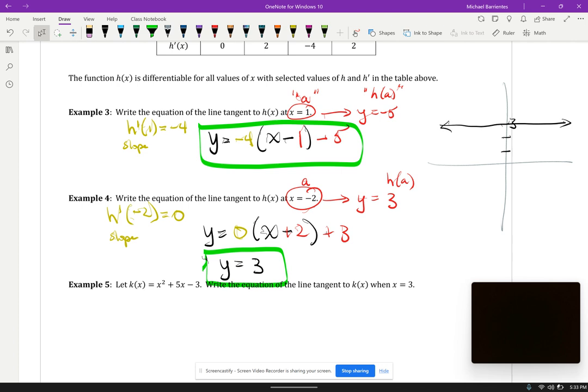So if this is the tangent line, that must mean, and this happens at -2, that my graph is either going like this and it hits it, or it's going like this and it hits it. But there's some kind of maximum or minimum because my tangent line is a flat horizontal line.